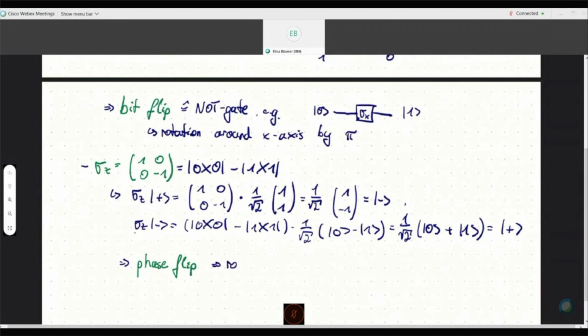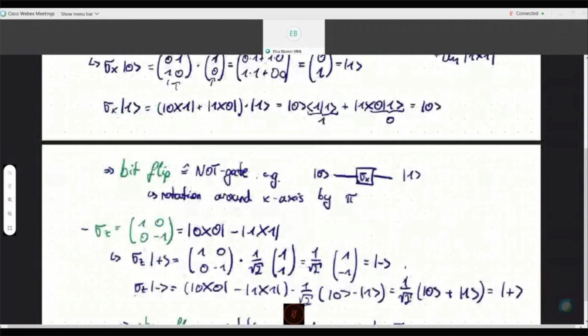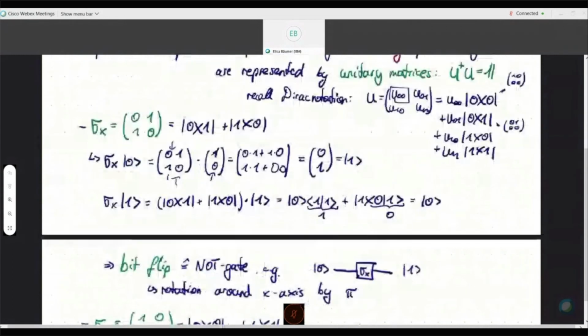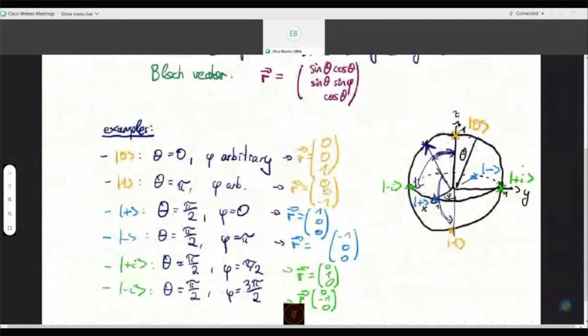In general, what it corresponds to is a rotation around the z-axis, and again by pi, by 180 degrees. That's also, by the way, why it does not have any effect on the state 0 or on the state 1, because since we rotate around the z-axis, if we're already on the z-axis, just as before, it will not have an effect on those states.